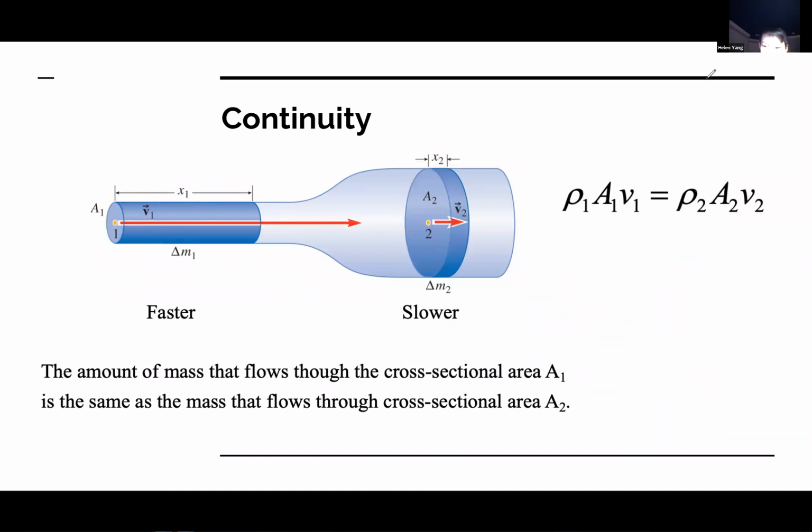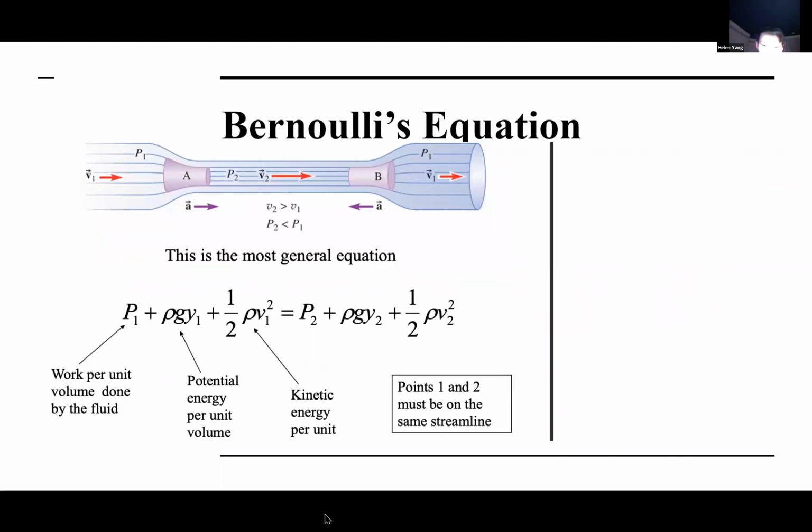Now I'll talk about Bernoulli's equation. As you can see in here, this is the equation. These two are the pressures in these different spots. And this is basically like the work-energy conservation, which is work is equal to the change in kinetic energy plus the change in potential energy.